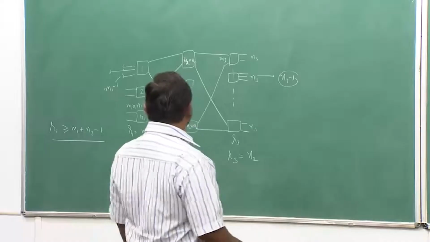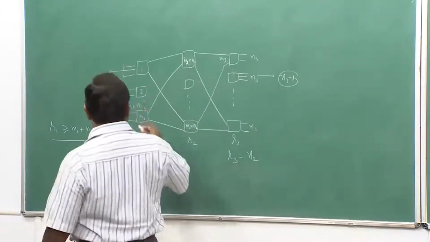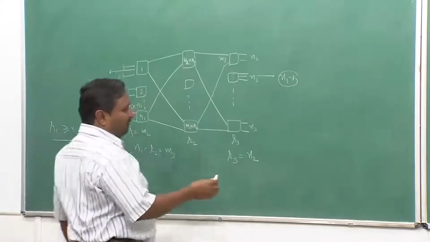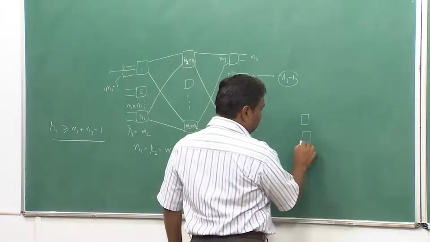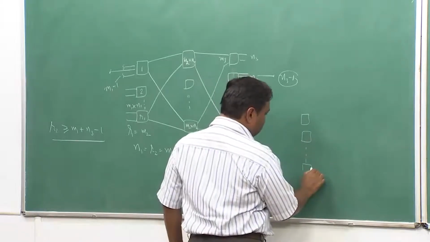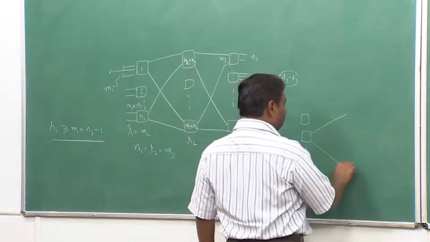The way it happens is that the Paull's matrix typically will have, for example, a switch, I can draw it here. So, there is a switch number A, it can use a lot of middle stage switches.